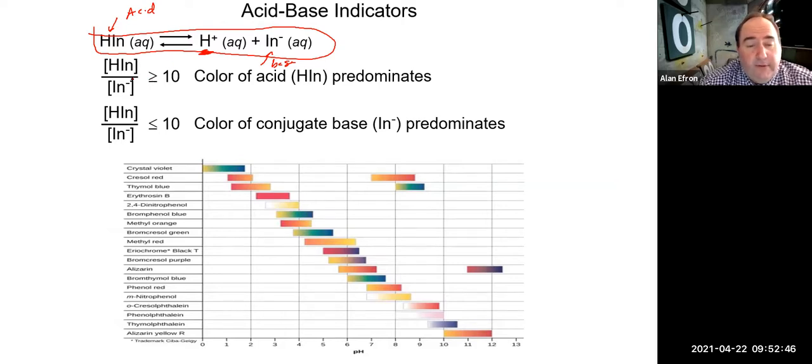Now, depending on the ratio of the acid part to the base part of the indicator, if that's greater than or equal to 10, what we see in the solution is the color of the indicator in acidic conditions. The opposite of that is when that ratio is less than 10, and we see the base color predominating.